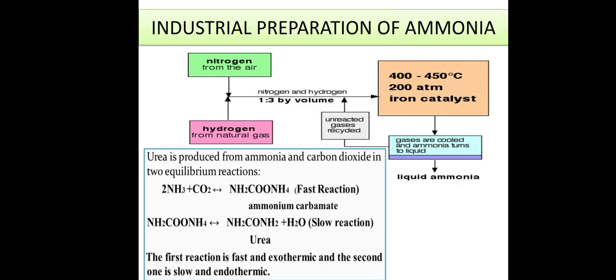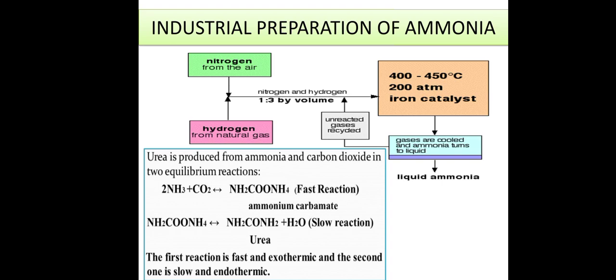Next we would see industrial preparation of ammonia. Ammonia is manufactured by Haber's process. The raw material N2 is obtained by fractional distillation of liquid air and hydrogen is obtained from water gas.